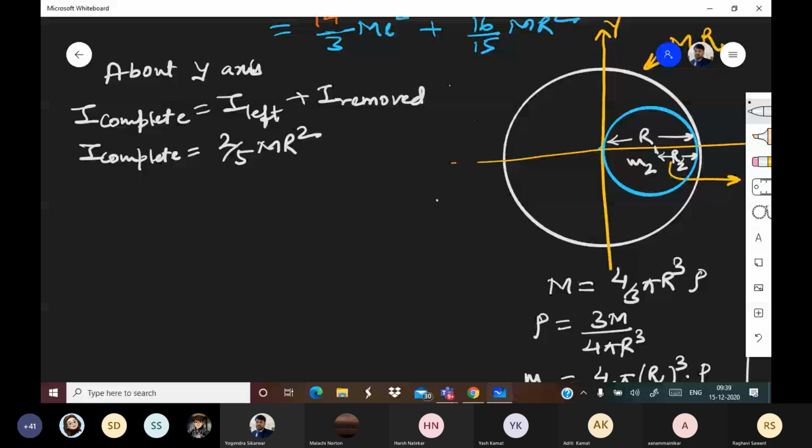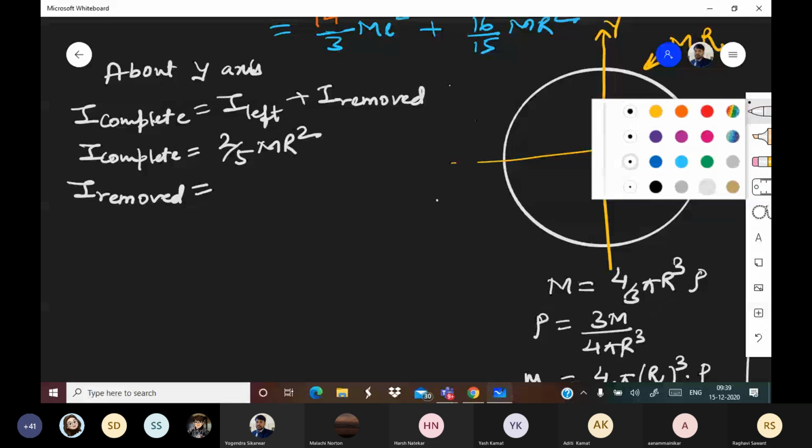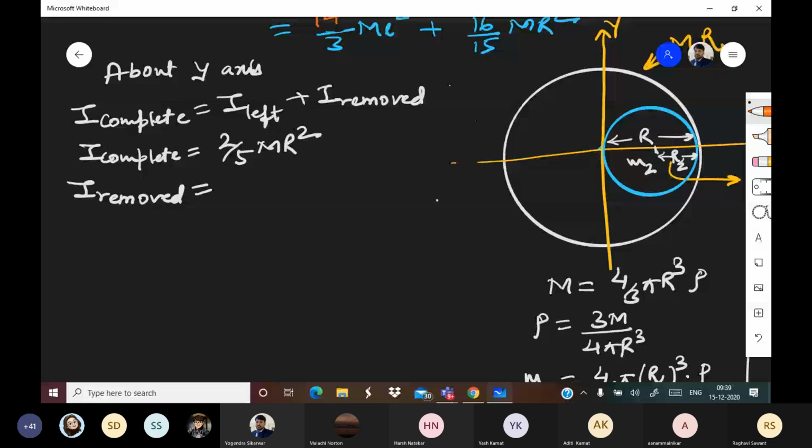I removed. This part is interesting and you need to pay attention to that. When you are finding I removed, basically you are finding it about this axis, which I have drawn by red. About this axis it is 2 by 5 into m by 8 into r by 2 square. This is what we calculated, but about this axis.